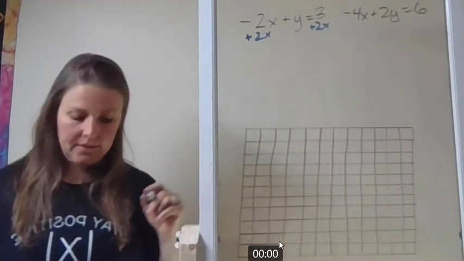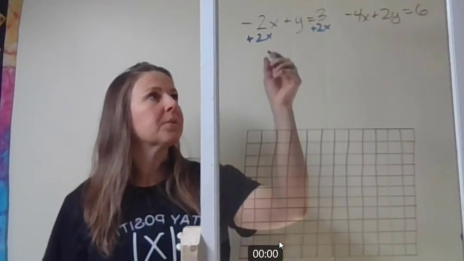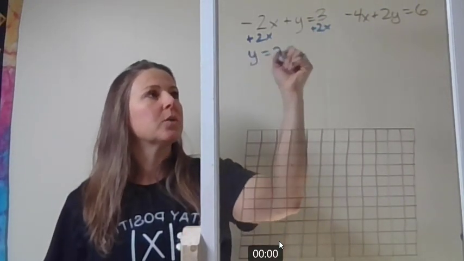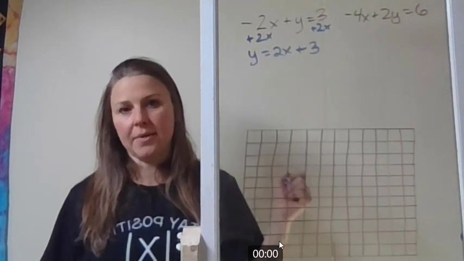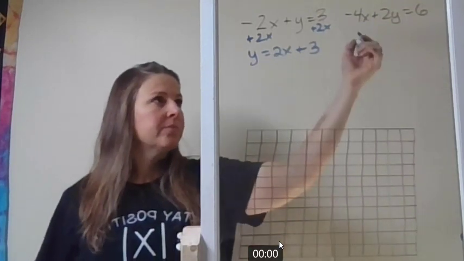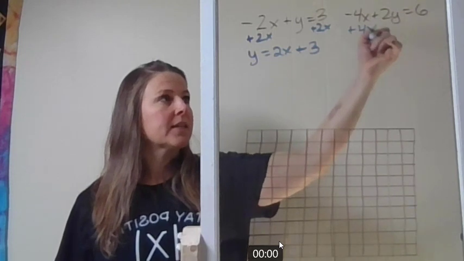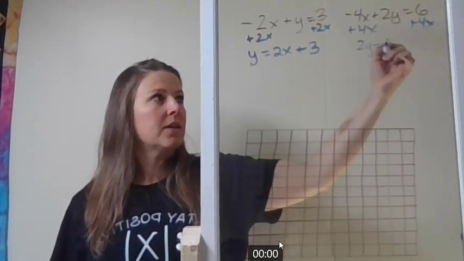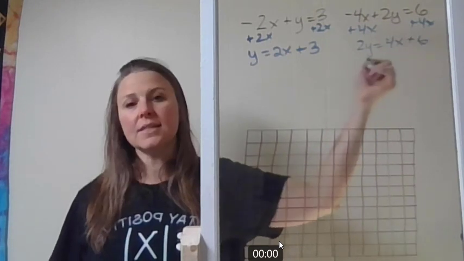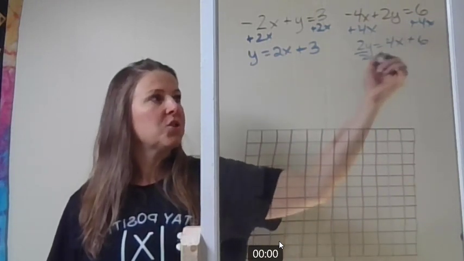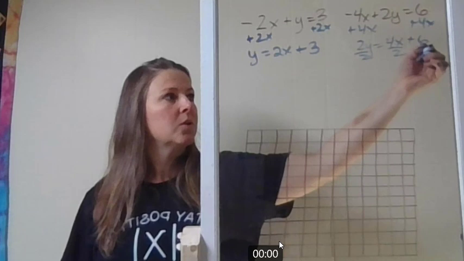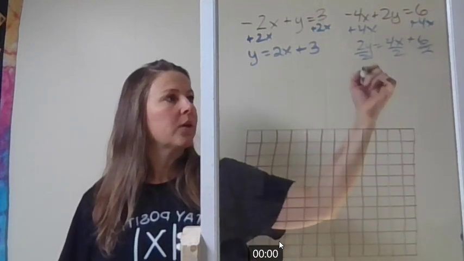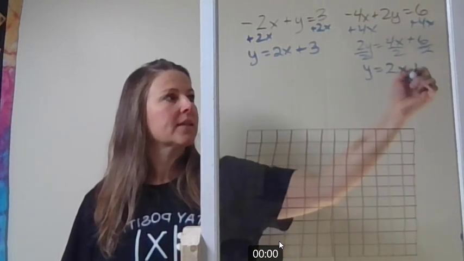They're both perfectly acceptable. So y equals 2x plus 3. Over here, let's add 4x. So 2y equals 4x plus 6. And then when you divide everything by 2, you get y equals 2x plus 3.